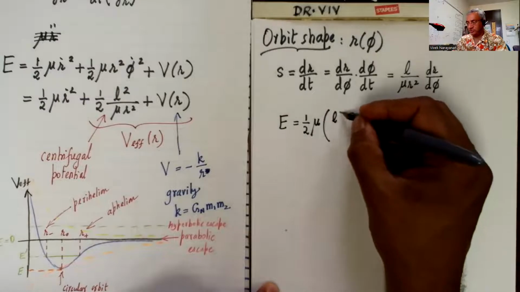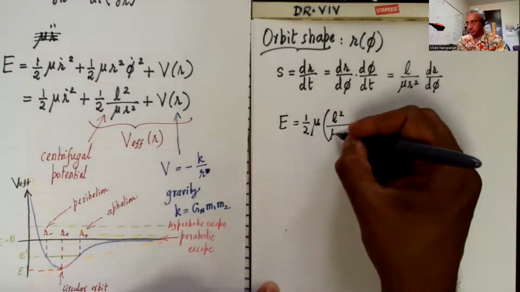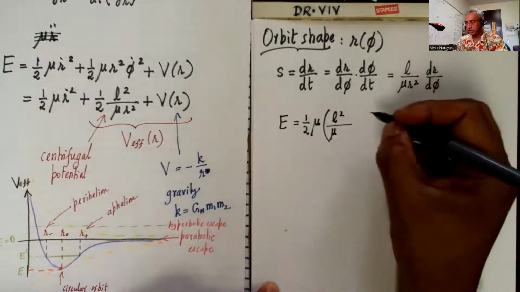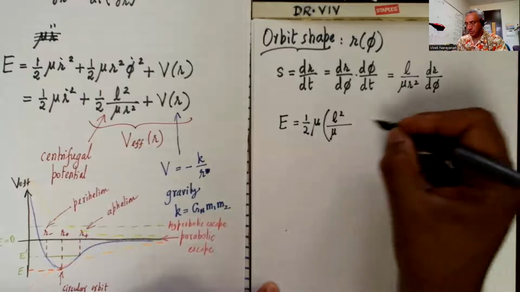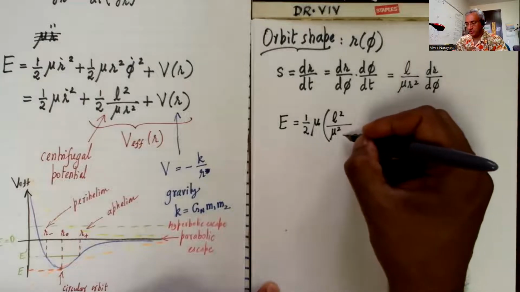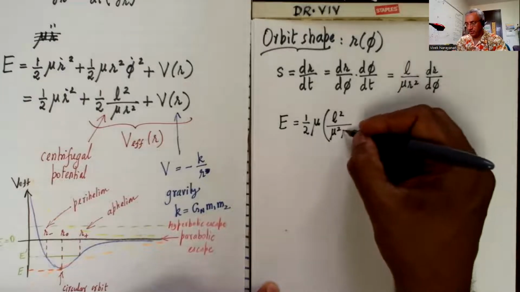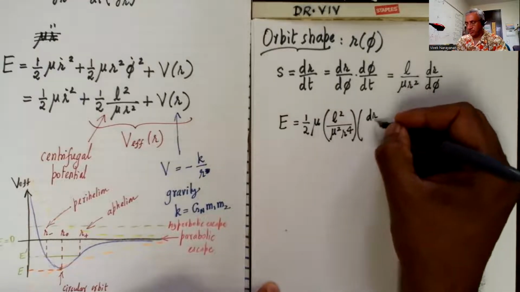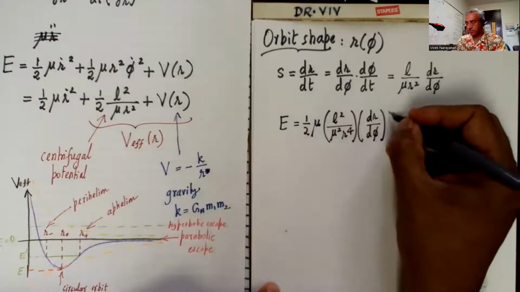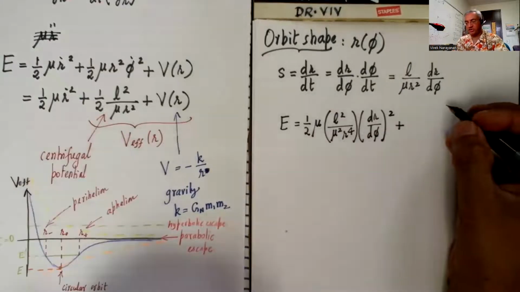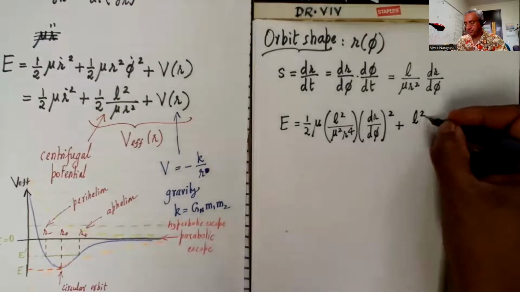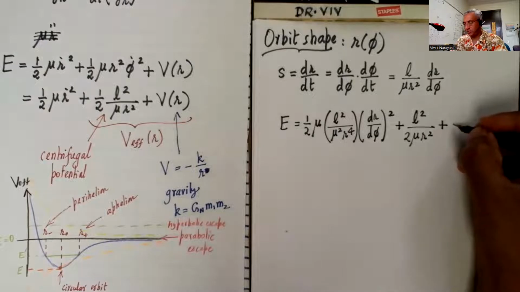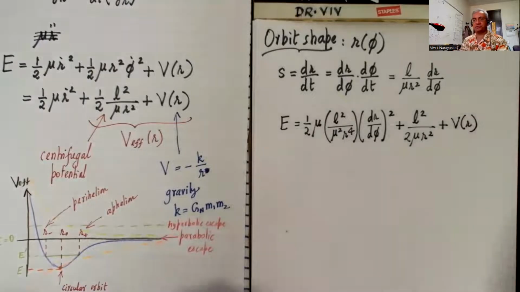So that's going to be L squared over mu squared r squared, oops, mu squared out of the 4, times dr by d phi, the whole thing squared, plus the centrifugal term, plus V of r.